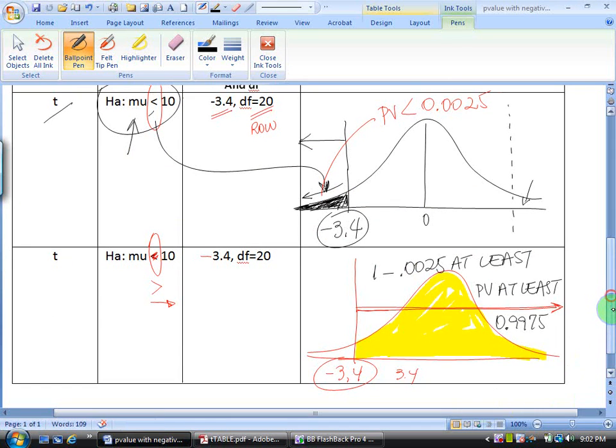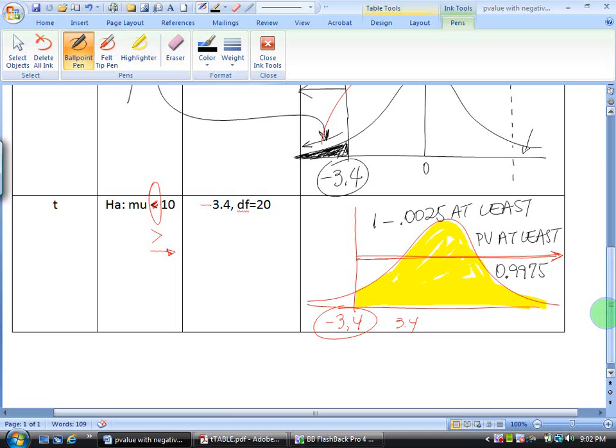So don't forget that you just take the absolute value, but keep in mind the drawing, because if we cover most of the area, then this p-value has to be very large. That's why we do 1 minus 0.0025.